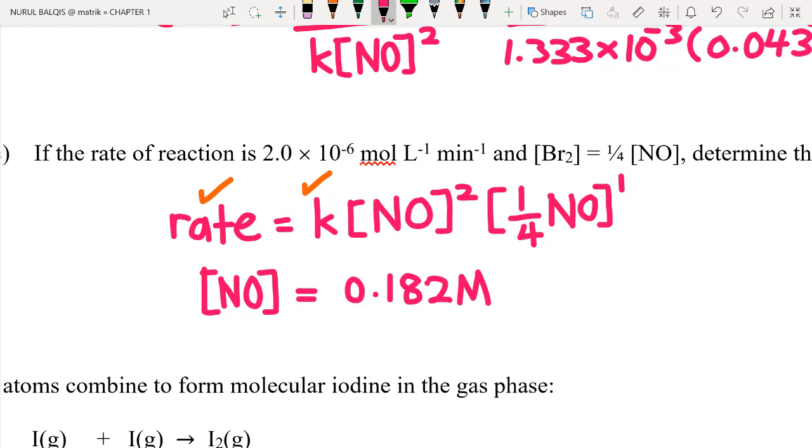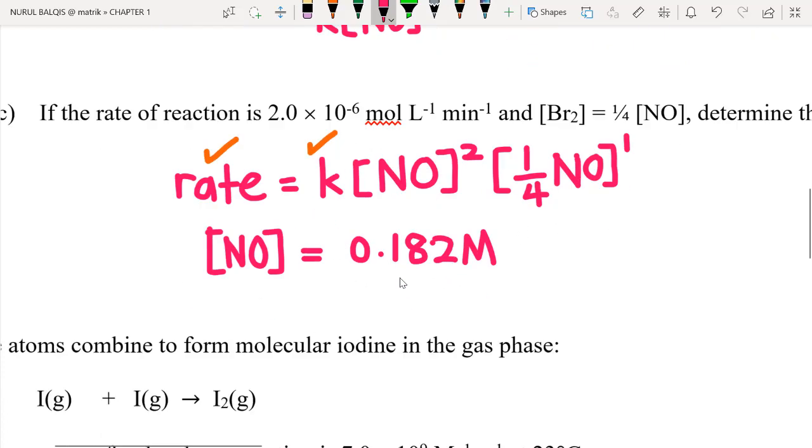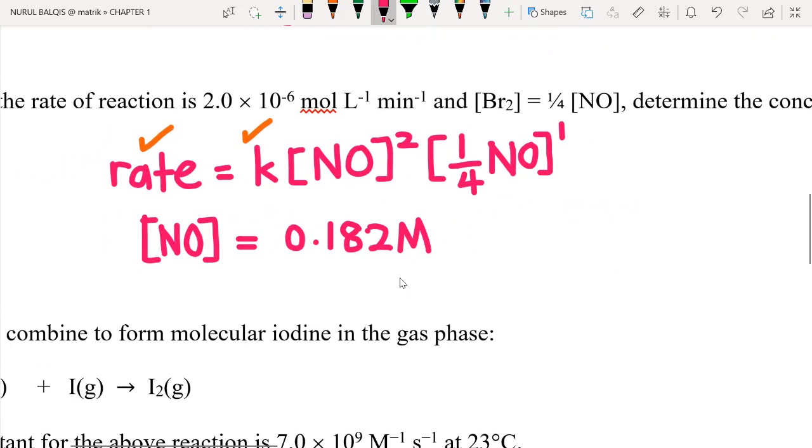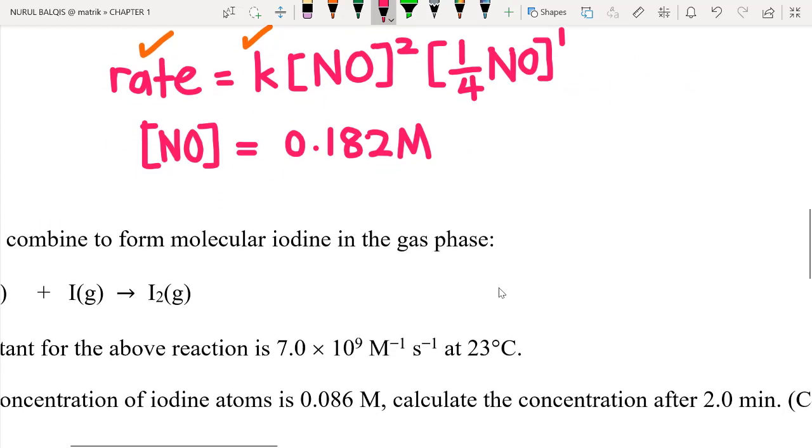Okay. I didn't do the substitutions because you simply substitute the value and then you rearrange them so that the NO will be on one side, and as for the others, we put it on the other side. Okay, so this is going to be your final answer.